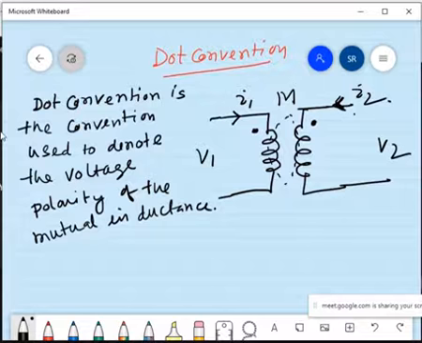If a current enters the dotted terminal of one coil, then the polarity of the EMF induced in the other coil will be positive at the dotted terminal of the second coil.